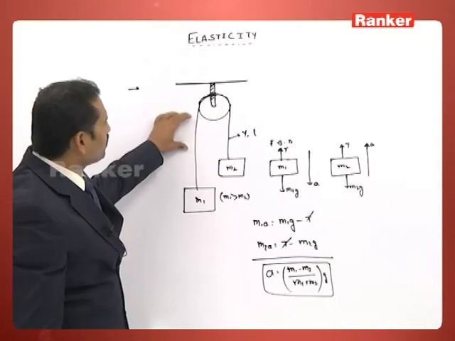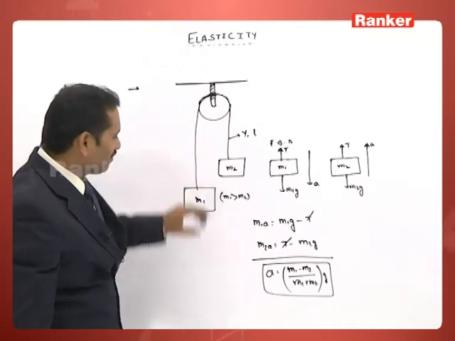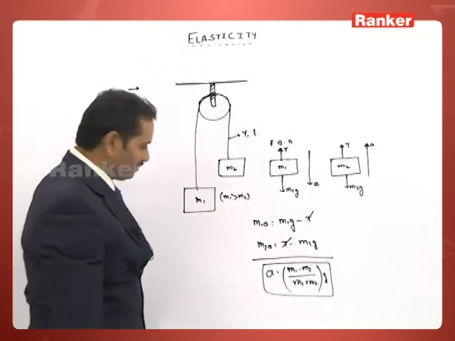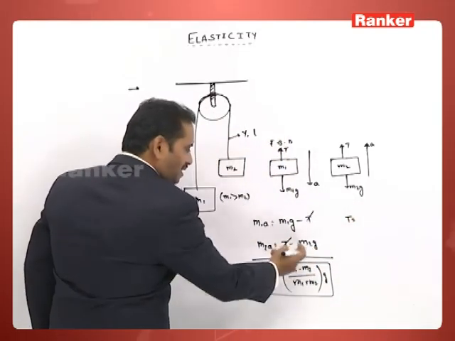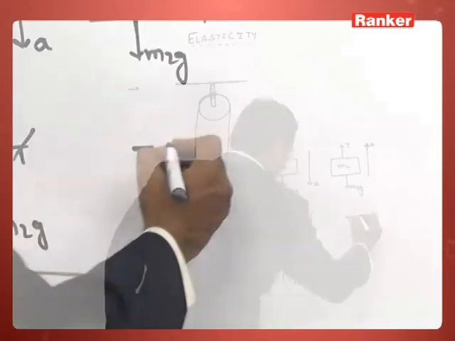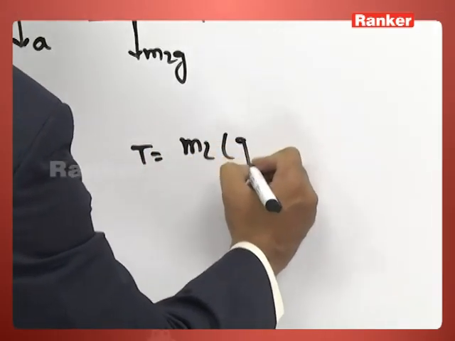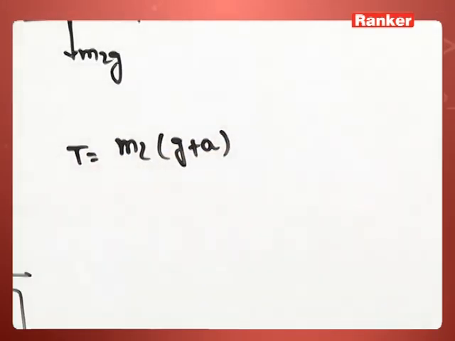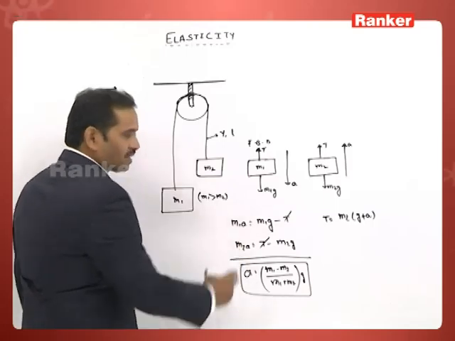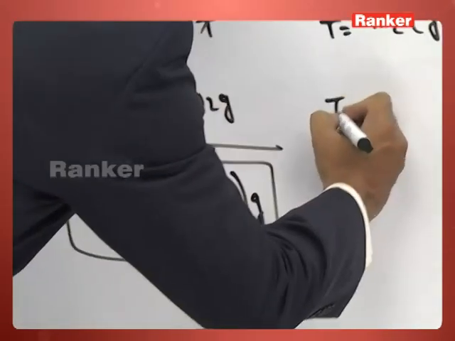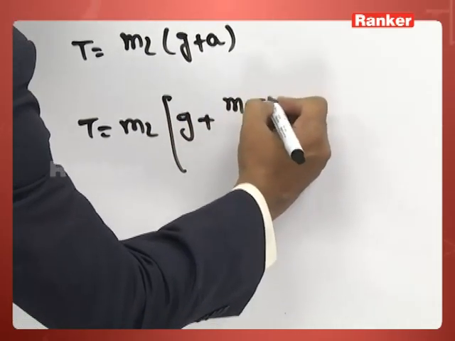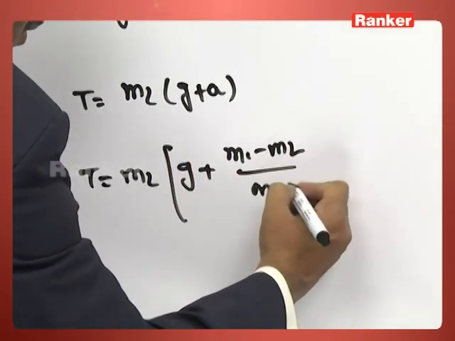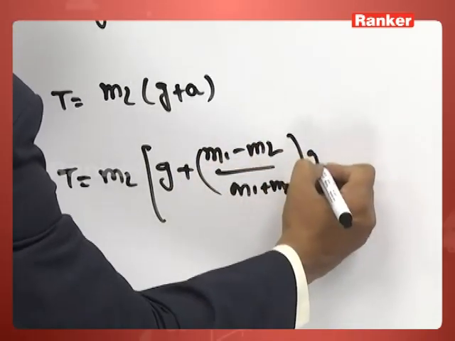But actually I want to calculate the stress developed in the wire, which means I want the tension. T equal to, from the second equation, m2 into (g plus a), which is m2 (g plus (m1 minus m2) by (m1 plus m2) into g).